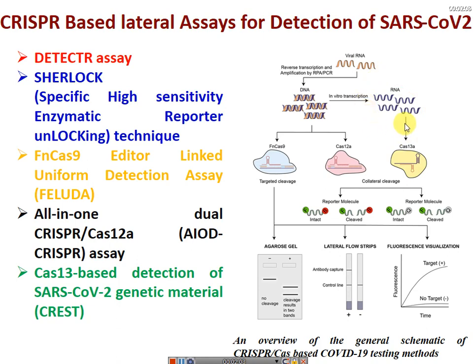Then this DNA or RNA is mixed with the Cas proteins. In different assays, different Cas proteins are used along with the crRNA.